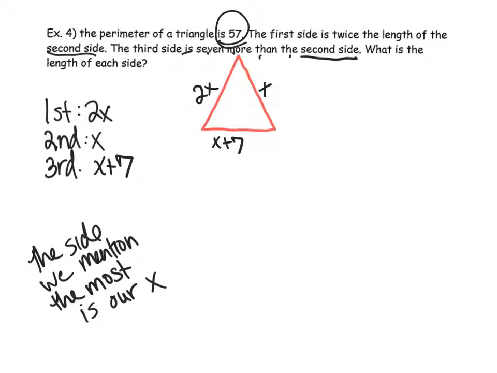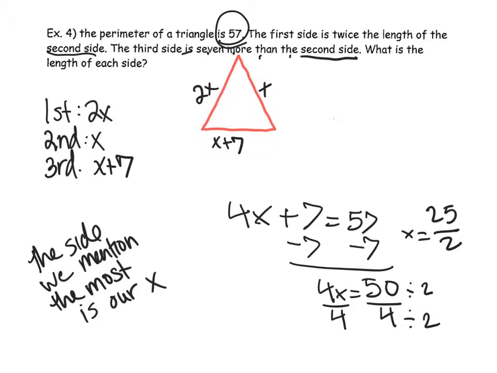So just write the equation then. What plus what equals 57. Go ahead. So, that's not a whole number. What's 25 cut in half? 25 cut in half. 12.5. So that means that my second side is 12.5.